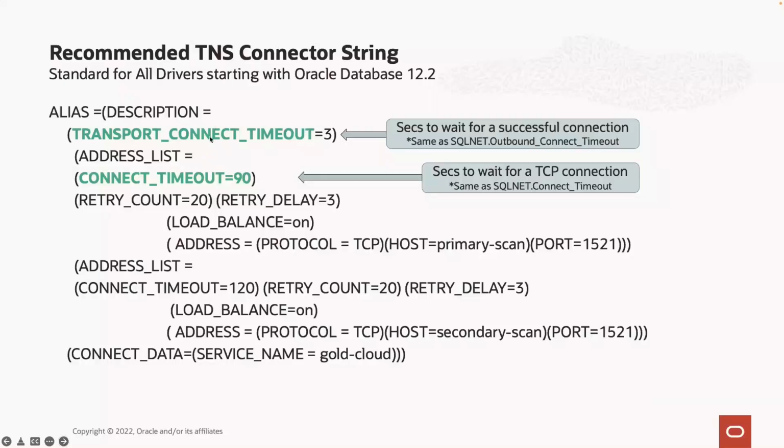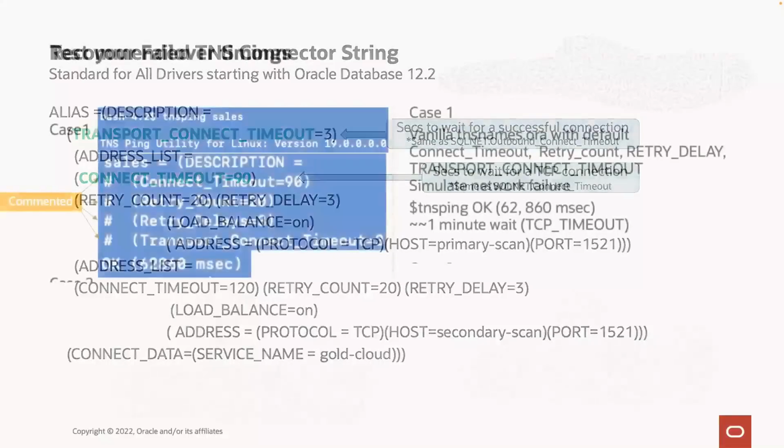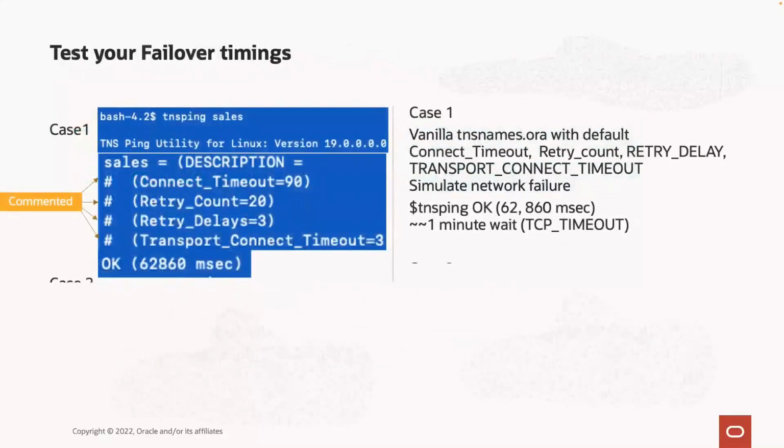We have these two specific parameters, that is the transport connect timeout and the connect timeout, and what they translate to, I've put out there. But we will test this out so that we can see how this is beneficial for your failure timeouts. So what I've done here is I'm going to use TNS ping on my internal setup.